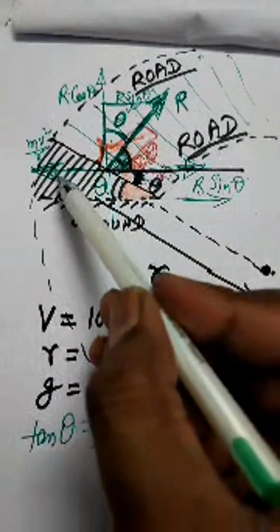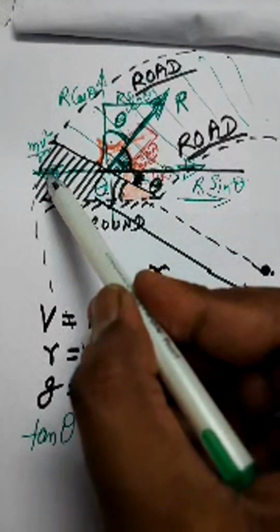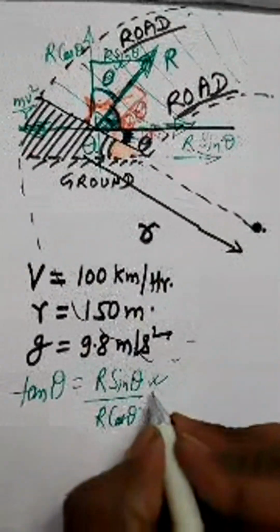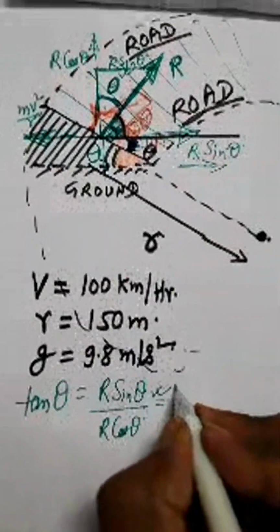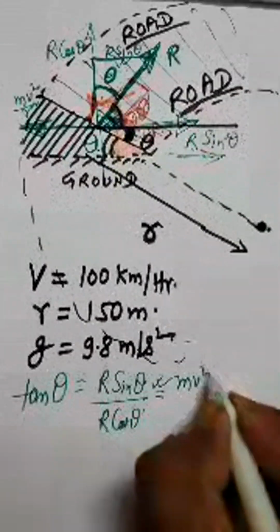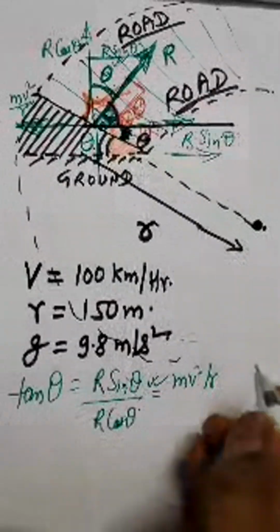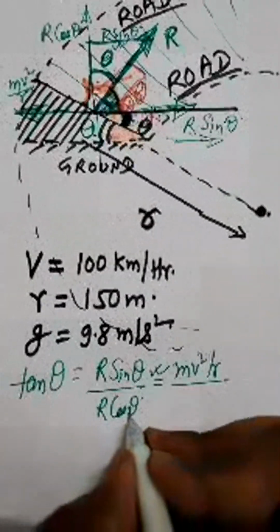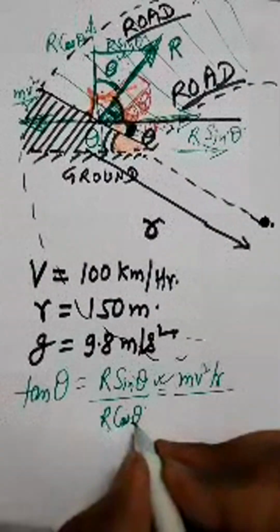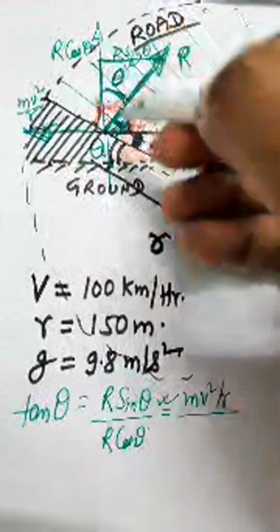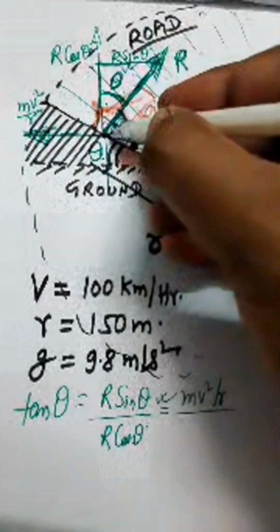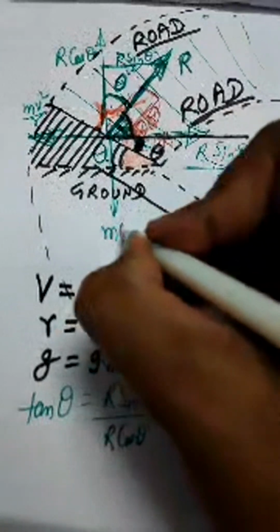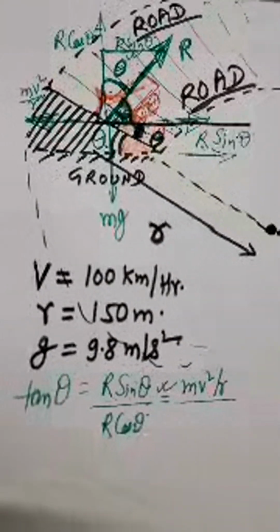So the circular effect mv square by r is the centrifugal force. So in place of R sin theta, can't we write mv square by r, and in the denominator it's R cos theta. R cos theta is equal to the weight of this car acting downward, that is equal to mg, right?